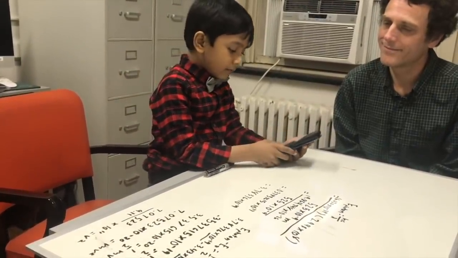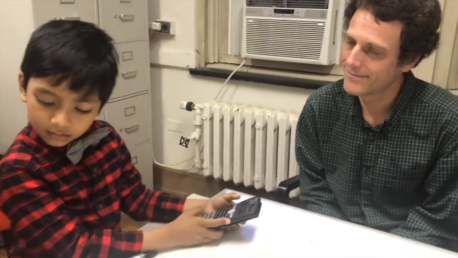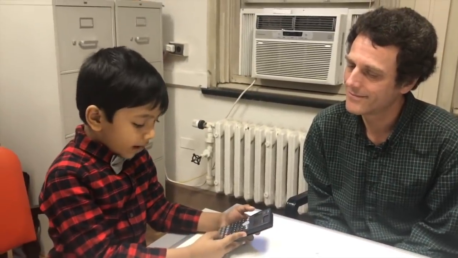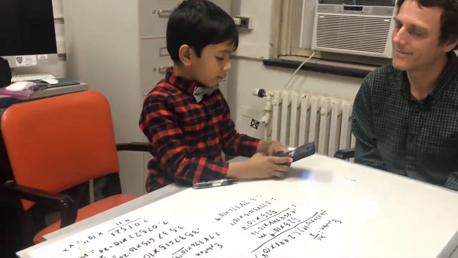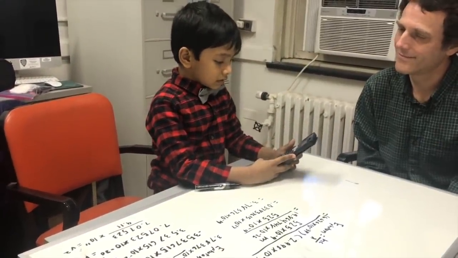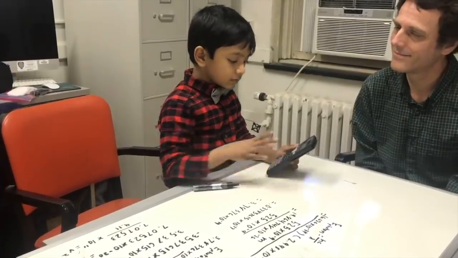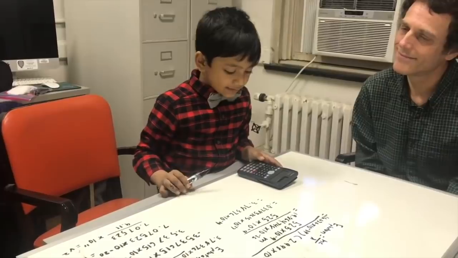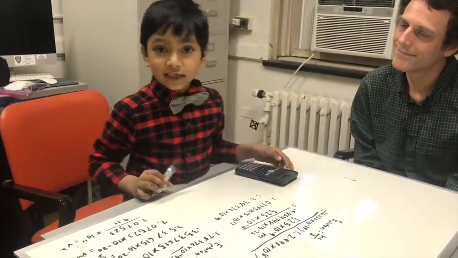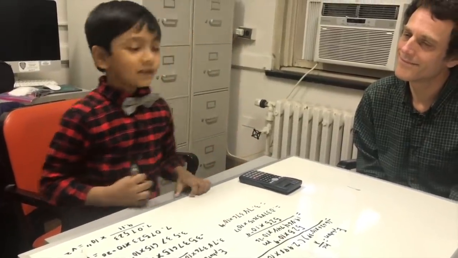So 7.07523 divided by 9.11 is equal to 0.776644346. That's a long list of decimals.